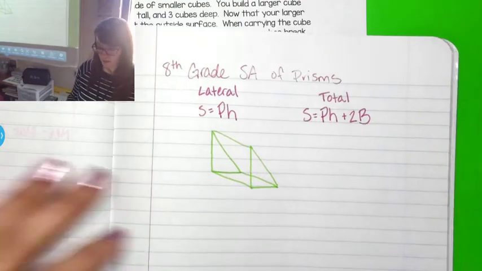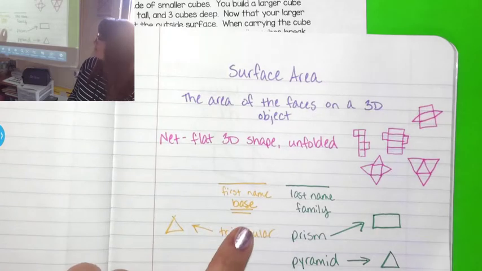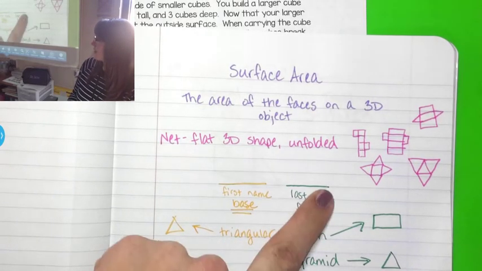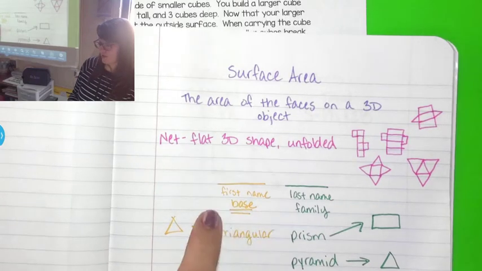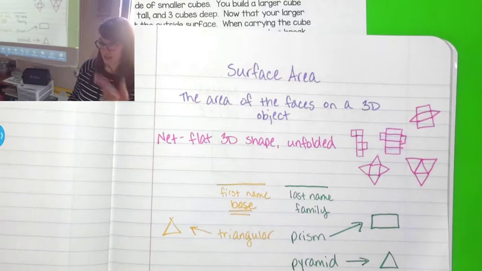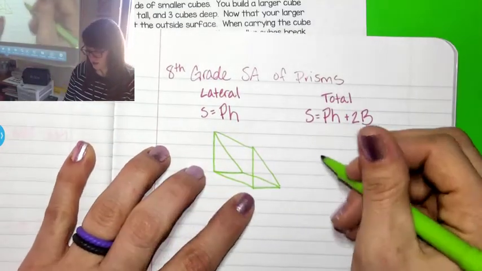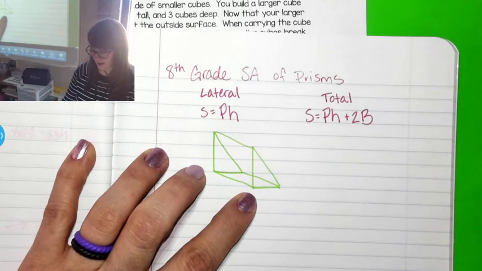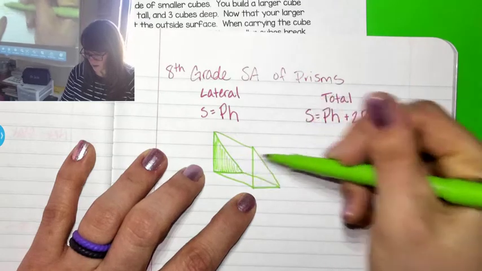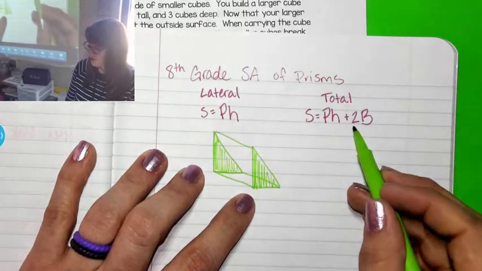Remember, we talked about first name, last name: first name base, last name family. So if it's a triangular prism, first name is the base. The first thing you say, this is a triangular prism, so my bases are triangles. So shade the base. I'm going to shade in my bases. Prisms have 2 bases. That's where this 2 comes from.